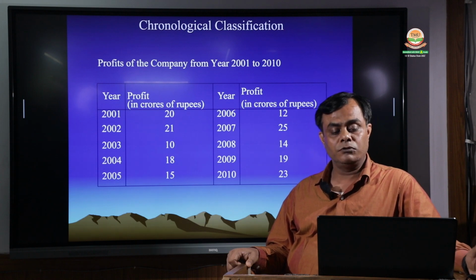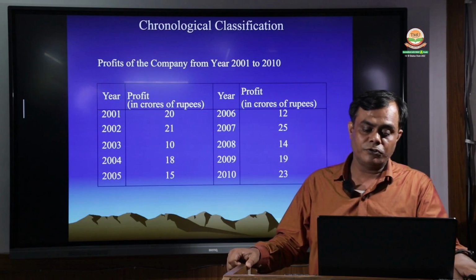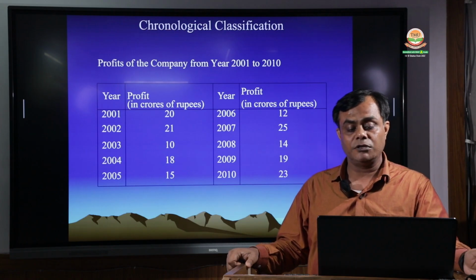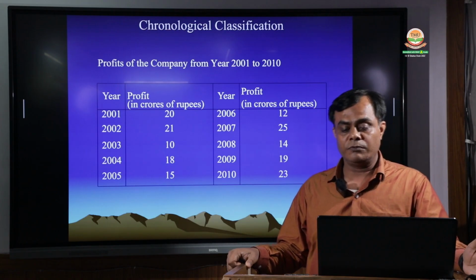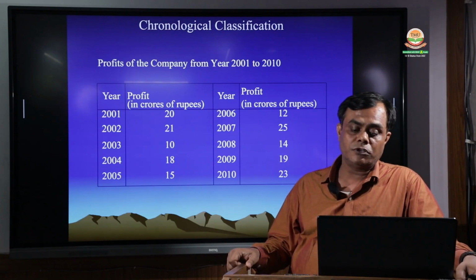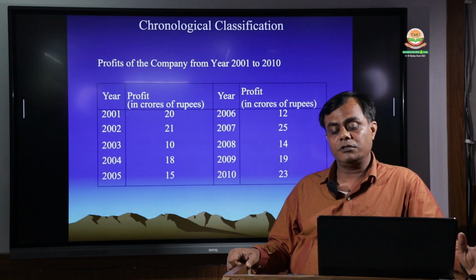in 2002 the company profit is 21,000, 2003 it is 10,000, 2004 it is 18,000, 2005 it becomes 15,000, 2006 it becomes 12,000, 2007 it is 25,000, again 2008 it is 14,000, 2009 it is 19,000, and 2010 it is 23,000.